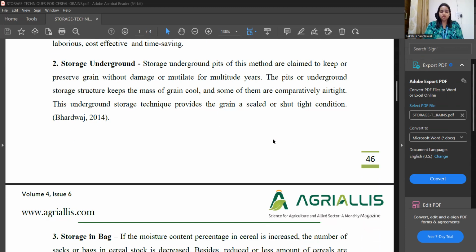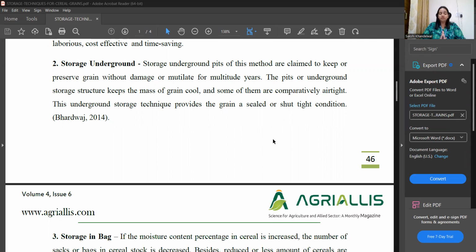What is storage underground? Underground pits in this method are claimed to keep or preserve grain without damage for multitudes of years. The pits or underground storage structures keep the mass of grain cool, and some of them are comparatively airtight.